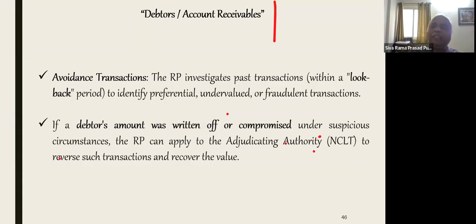We have to direct that forensic auditor. Once the company is facing problems, a liquidity problem and mismanagement, preferential transactions are inevitable. For any suspicious transaction, the RP can apply to the adjudicating authority to reverse such transactions and recover the values.